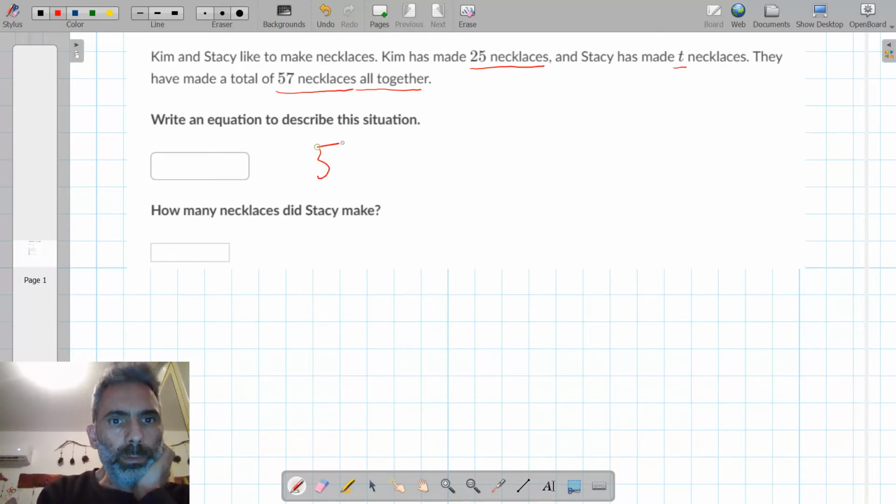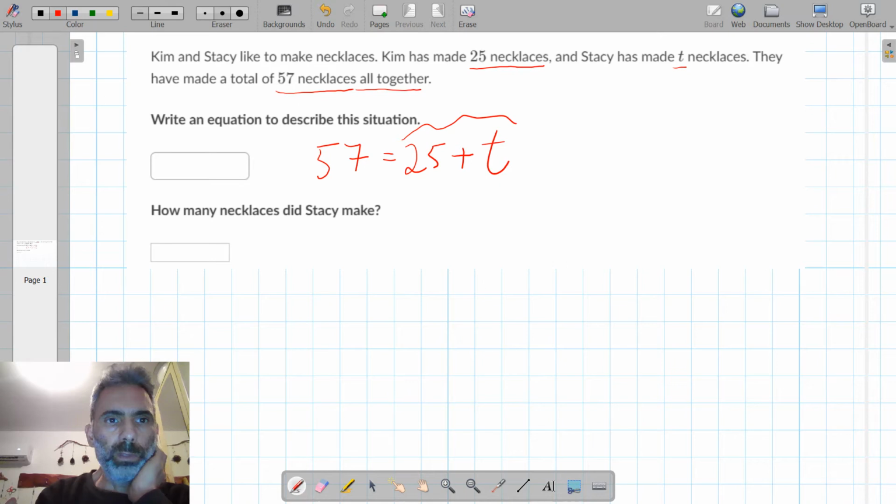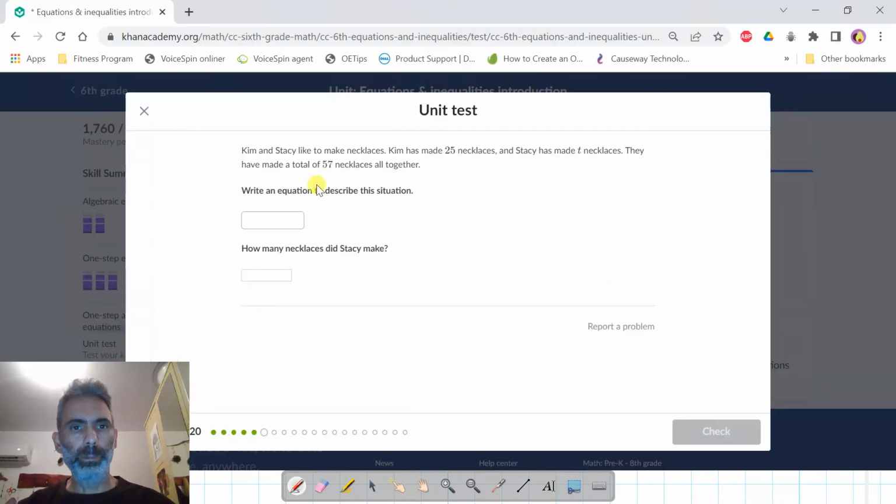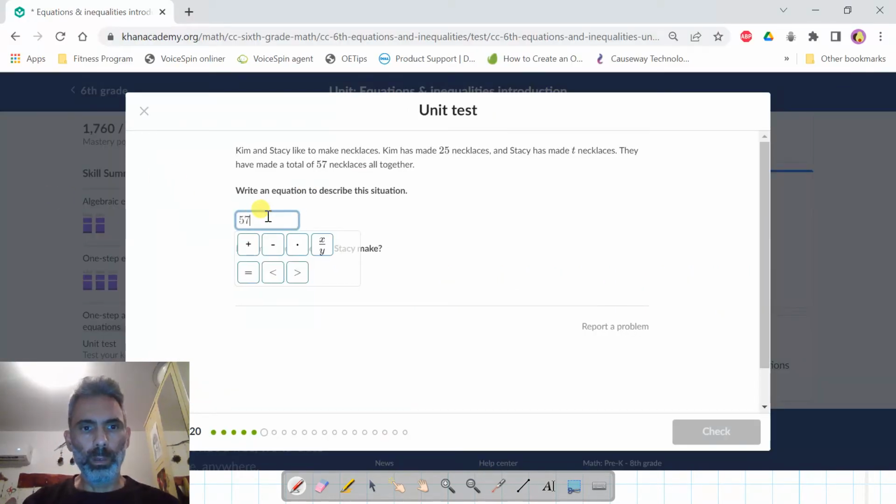So 55, which is the total number of necklaces made altogether, equals the number of necklaces that Kim has made, 25, plus the number of necklaces that Stacy has made, which is T. So the equation is 55 equals 25 plus T.